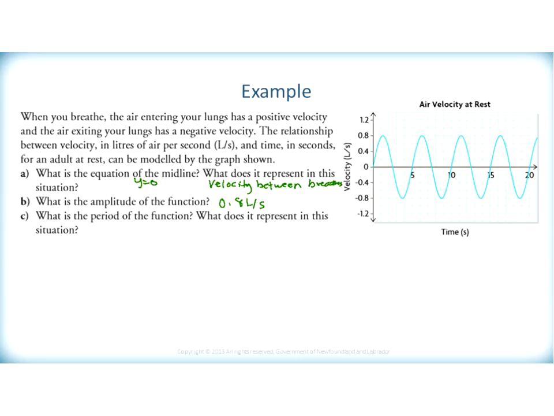What is the period of the function? The period is how long it takes to go from max to max, or twice the distance between max to min. I'm just going to have a look at the sinusoidal axis here. This function goes back to the sinusoidal axis after one full cycle. There's a positive velocity when the air is entering, and then exiting, and we have 5 seconds.